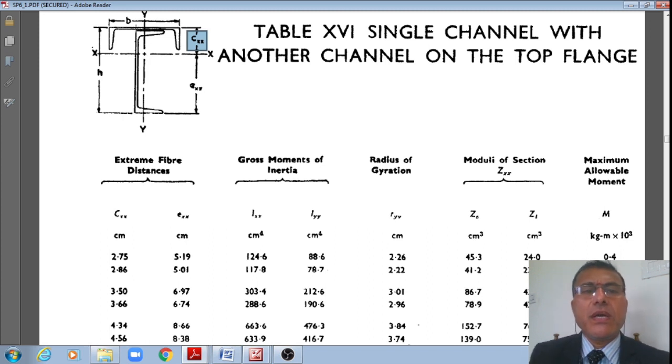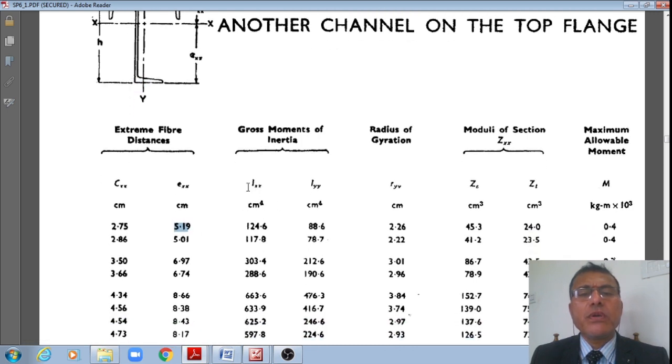Center of gravity with respect to the top compression flange is at a distance of 27.5 mm, whereas this extreme fiber distance is at a distance of 51.9 mm, and the gross moment of inertia about the major axis of bending is equal to 124.6 centimeter to the power 4, and about minor axis IYY moment of inertia is equal to 88.6 centimeter to the power 4, right?